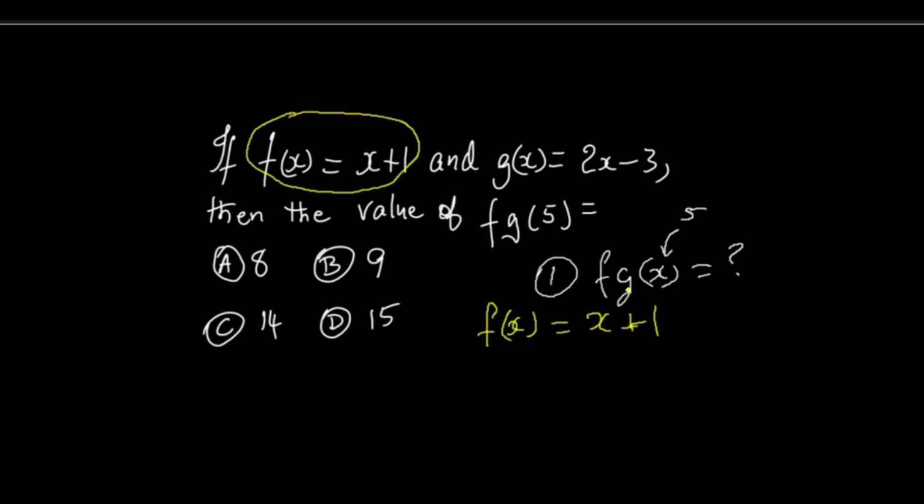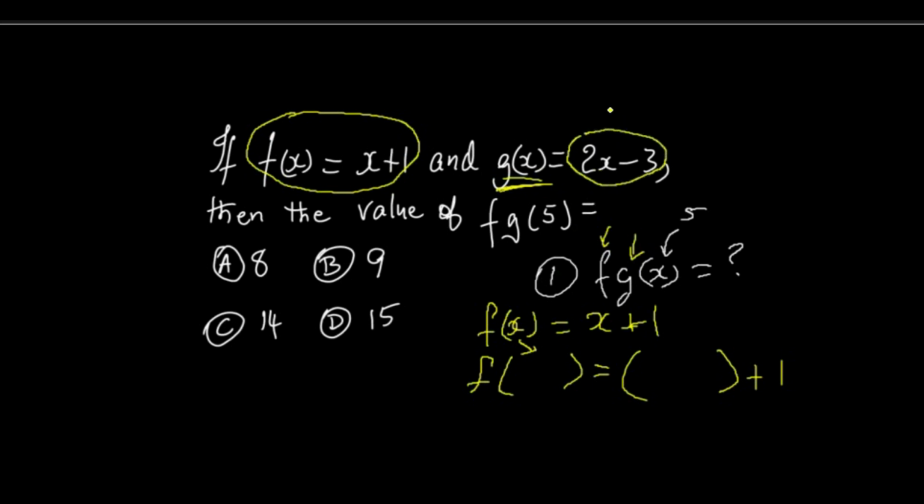Then we're going to look at the second function. So this is the first function. We're going to enter the second function into it, which is the g of x function. So where we have x, we're going to input the g function into it. So where I have x here, I'm going to replace x with the g function. Now the g function, look at it right here, g of x is equal to 2x minus 3.